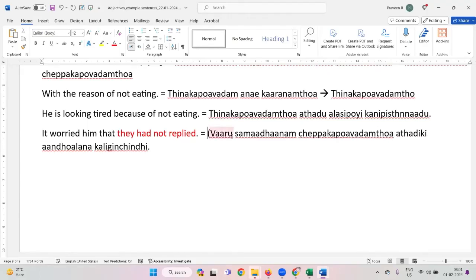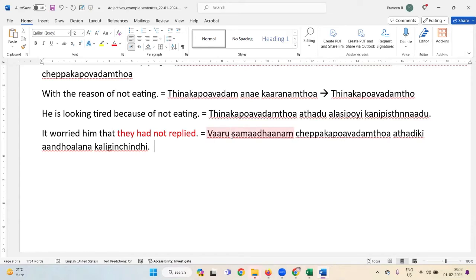Okay, this is very simple, not confusing like the previous sentence. From Google, we had a completely different structure. So that's why you might have got confused, but this is a very simple structure. It worried him that they had not replied. వారు సమాధానం చెప్పకపోవడంతో అతడికి ఆందోళన కలిగించింది.